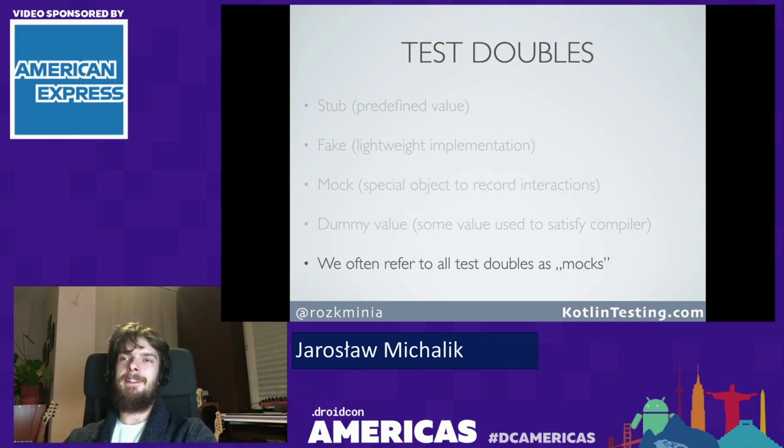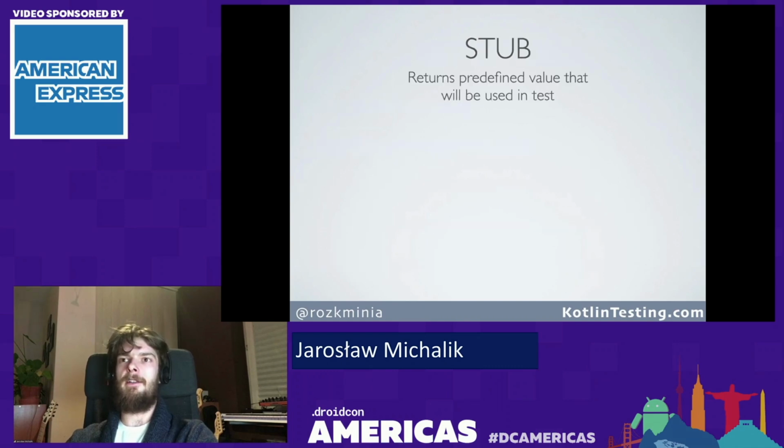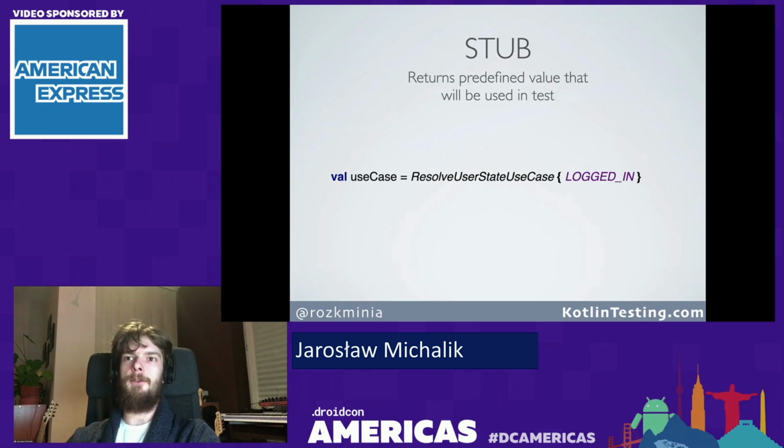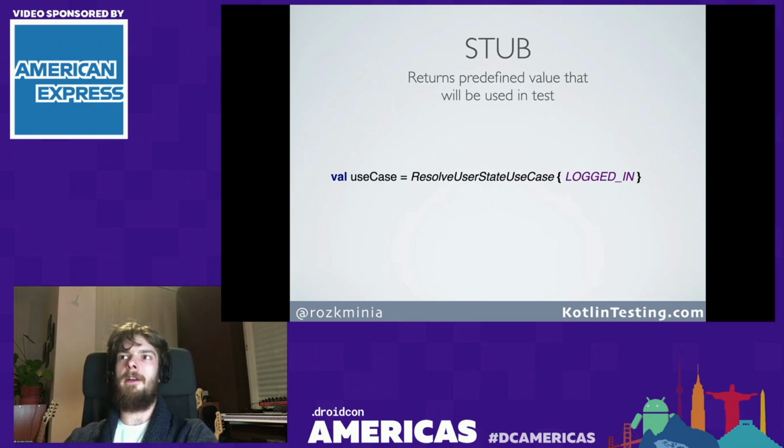So now let's see how we can create mocks for each dependency in our Splash presenter. First of all, we have this resolve user state use case, which is functional interface in Kotlin. In the newest version of language, we don't have to implement object of type resolve user state use case.